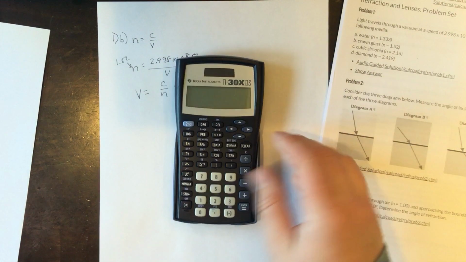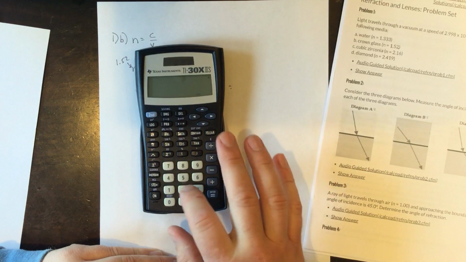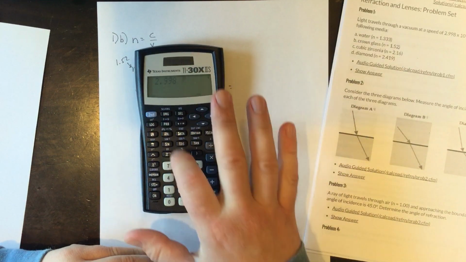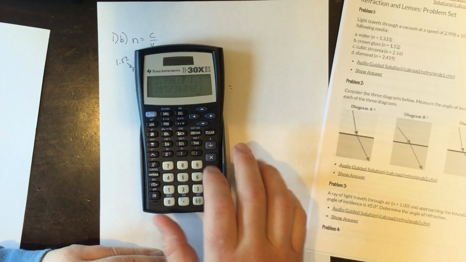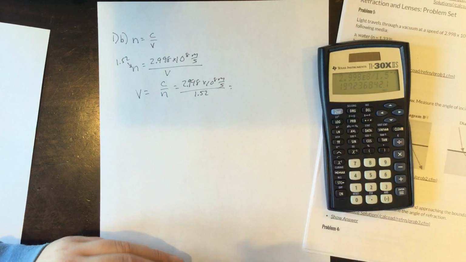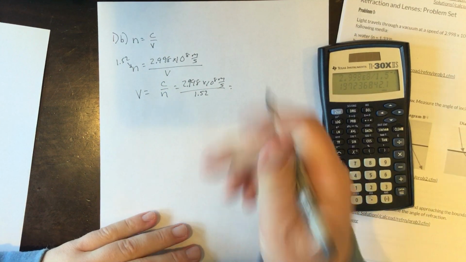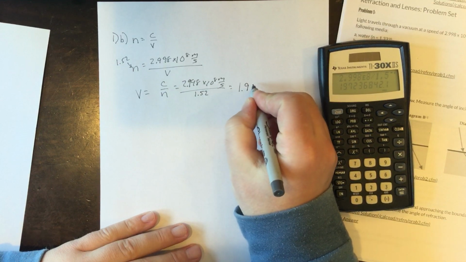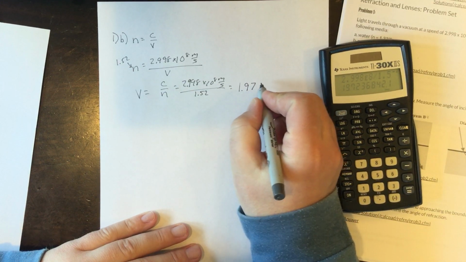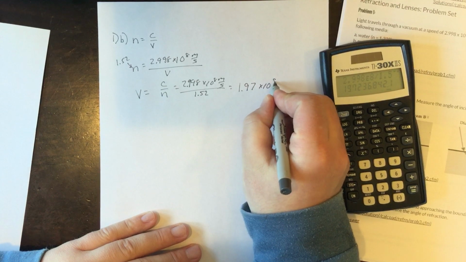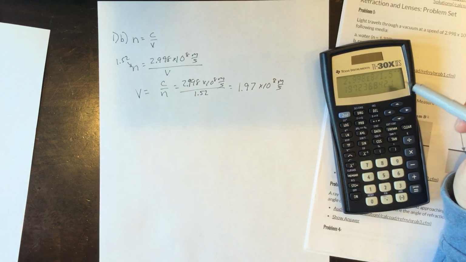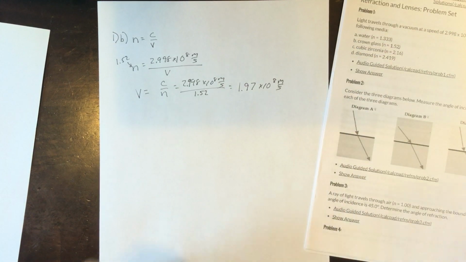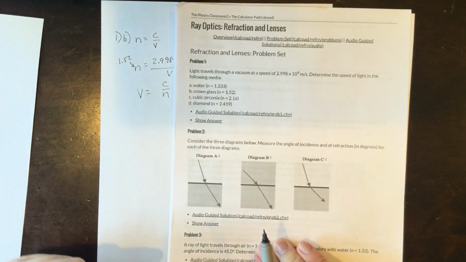Okay, so the way we type that, hopefully you can see, is 2.998 EE to the 8th divided by 1.52. And we get some nice huge number. So really it's 1.97 times 10 to the 8th meters per second. Okay. And you would just do the same thing for all of these. You would just be putting in different n values.